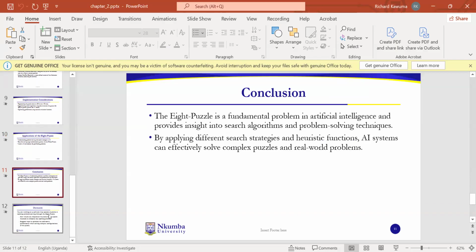Okay. So the 8 puzzle is a fundamental problem in artificial intelligence and provides insights into such algorithms and problem-solving techniques. By applying different search strategies and heuristic functions, AI systems can effectively solve complex puzzles and real-world problems.